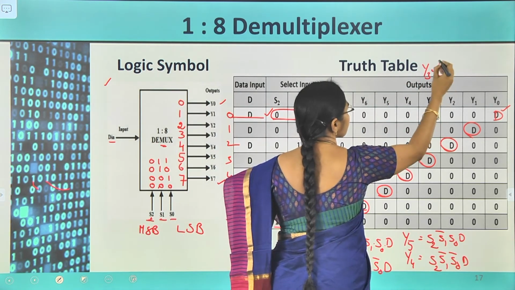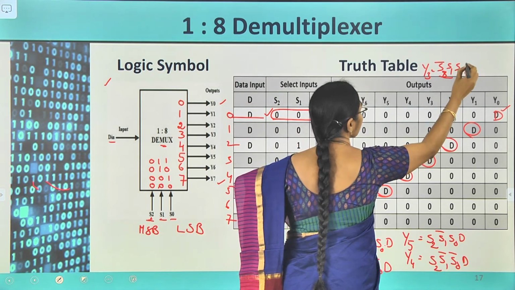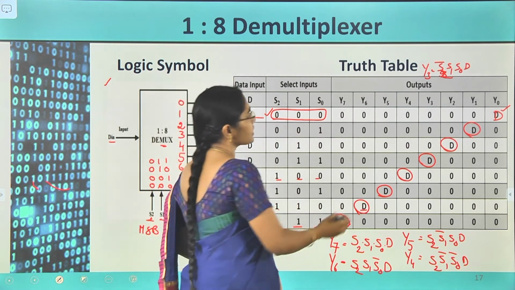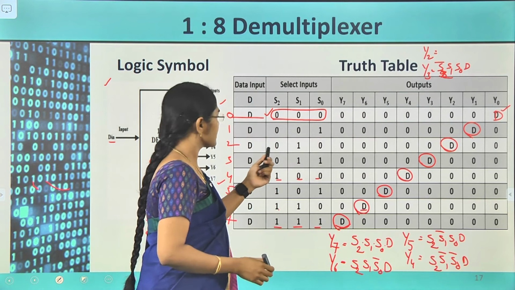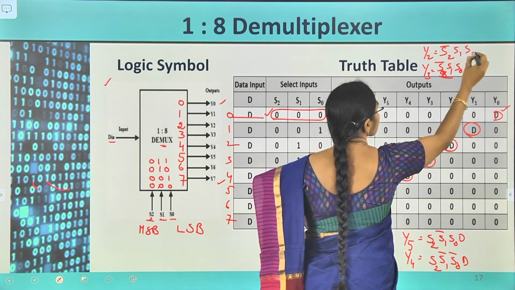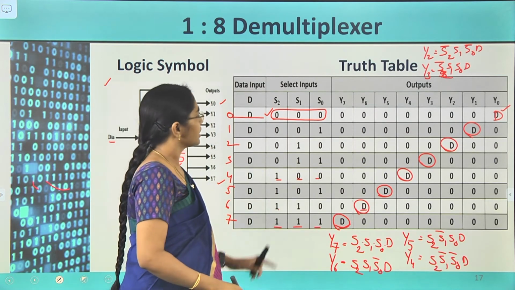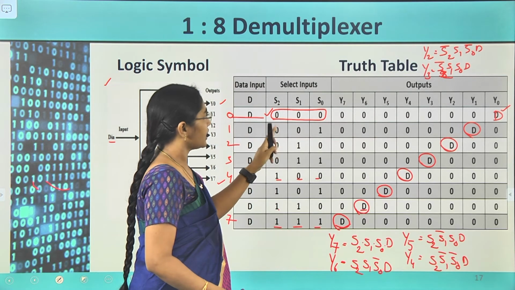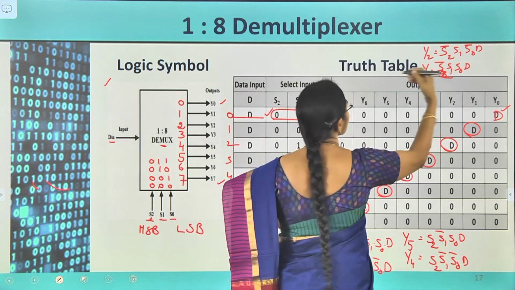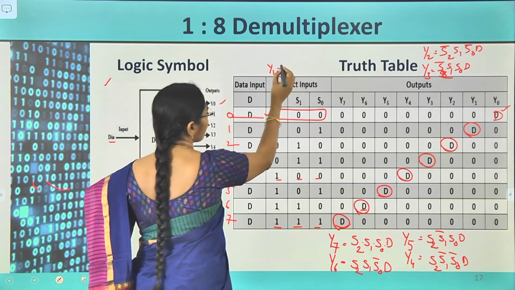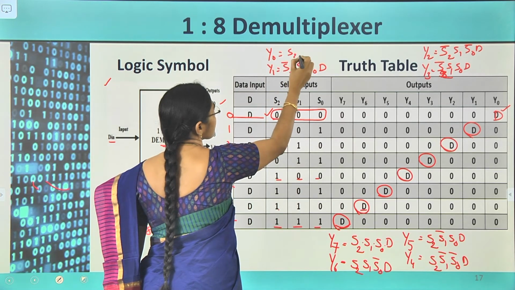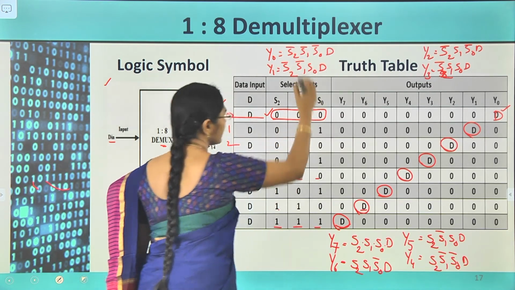That is nothing but S2 bar, S1, S0 into D. Then Y2 is when the selection signal value is 2, that is 0, 1, 0, so S2 bar, S1, S0 bar into D. Y1 is equal to S2 bar, S1 bar, S0 into D. Y0 is for all values of zeros, so Y0 is equal to S2 bar, S1 bar, S0 bar into D.